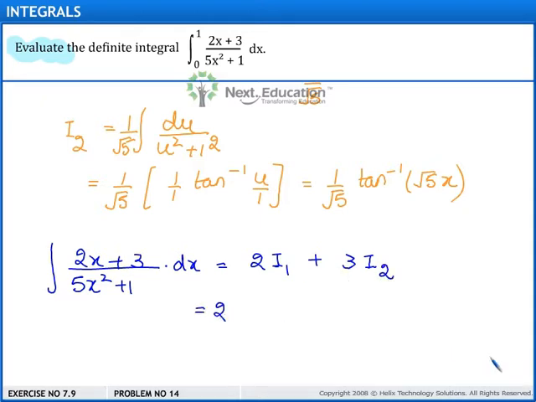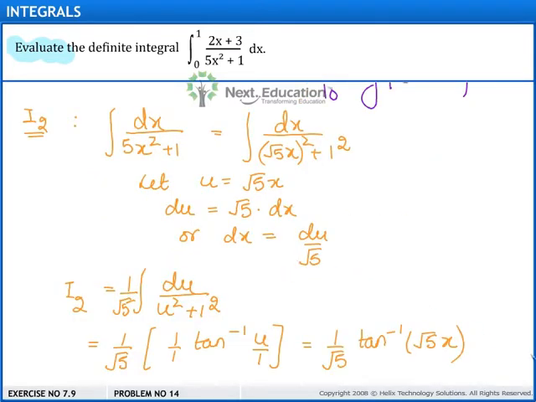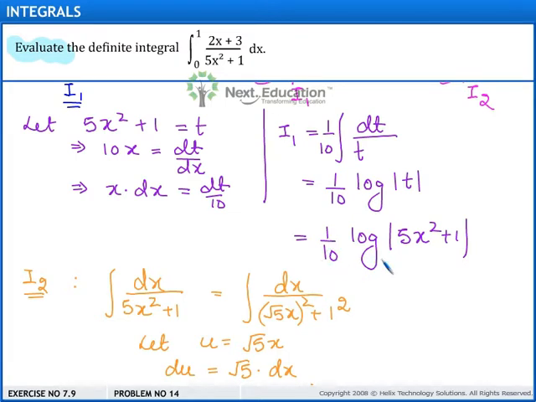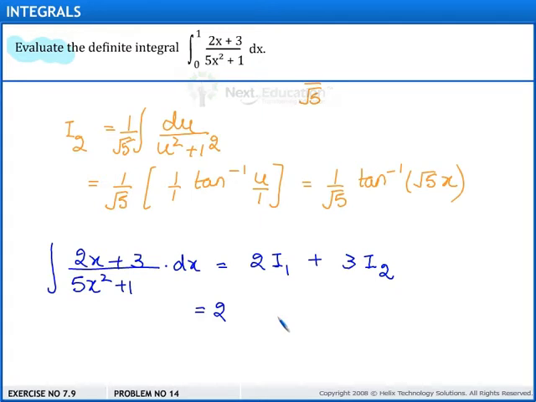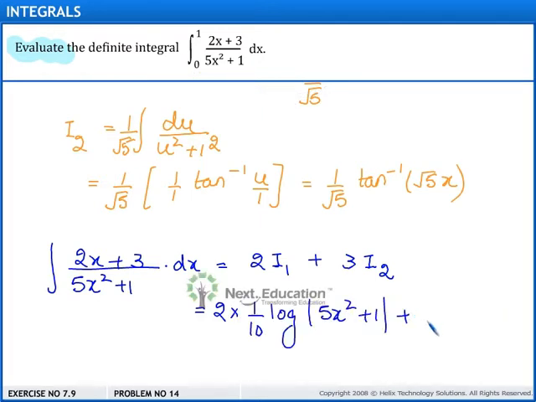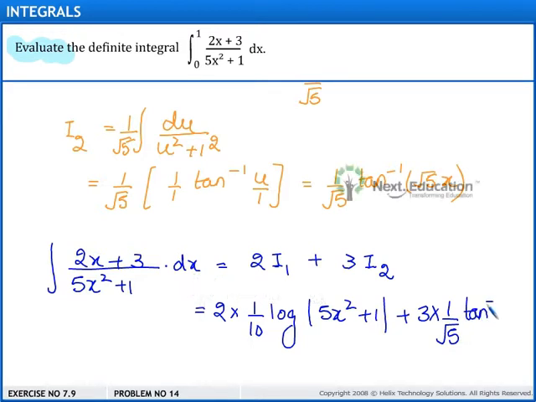So we have 2 into I1, which is 1 upon 10 log mod of 5x square plus 1, plus 3 times of I2, and I2 is 1 upon root over 5 tan inverse of root 5x.